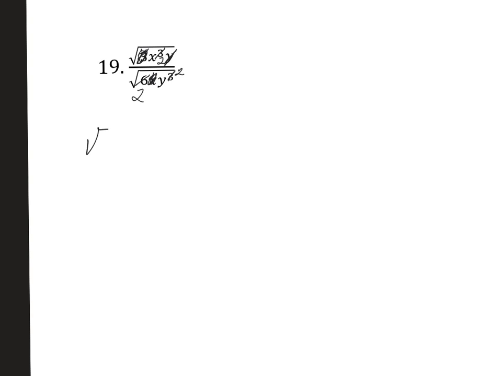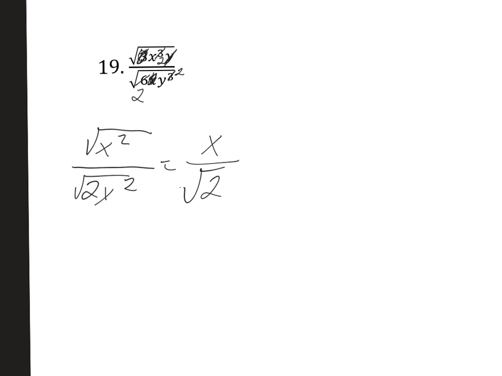So we have radical x squared over radical 2y squared. Now, looking at this, the square root of x squared is just x. So now I know I have x over radical 2. Square root of y squared is just y.